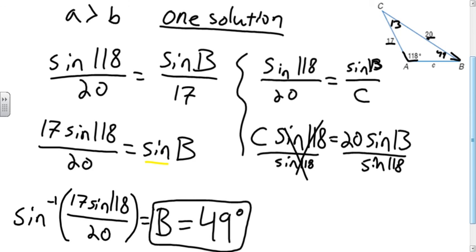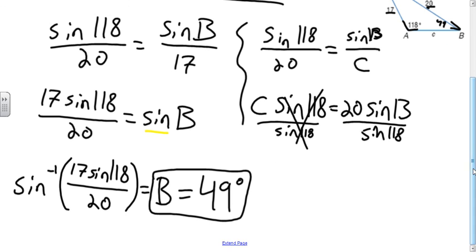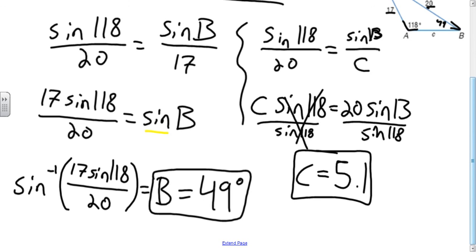So these cancel out. So we're just left with C equals 20 times sine 13 over sine 118, which, judging by the calculator, then means that C is approximately 5.1. So now we've determined all of our angles, and we've determined our last leg, that little c.